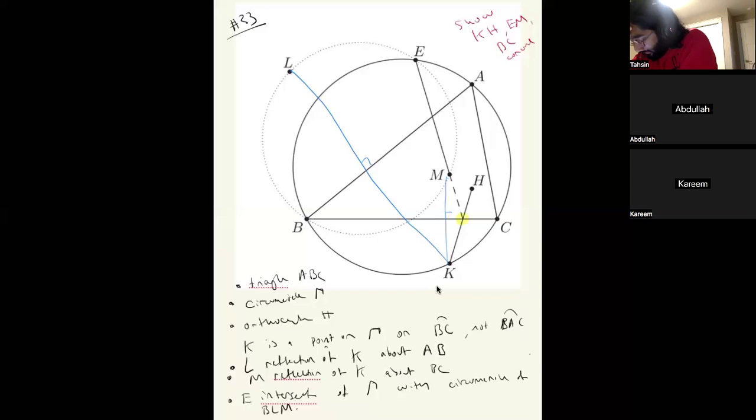KH and EM are kind of random looking to me. There's a way to simplify the conclusion here a little bit. So maybe I'll give you some time to think about it. Especially EM is some kind of really strange thing, and showing concurrence is kind of hard.